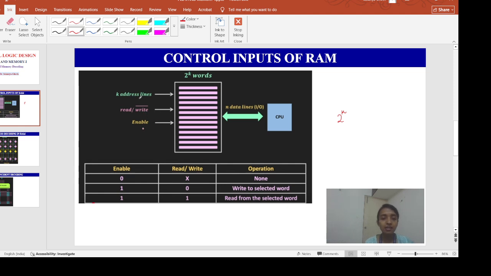When the enable signal is 0, the memory chip is disabled, and when the enable signal is 1, the memory chip is enabled. When enable is 1 and the read-write signal is 0, the memory will perform the write operation. You can see it explained in this table.